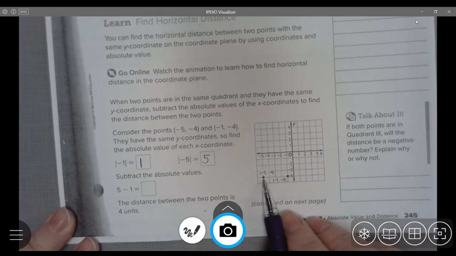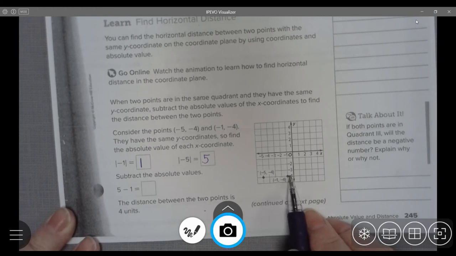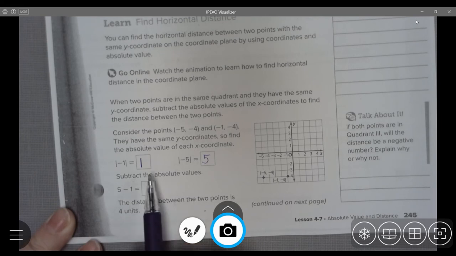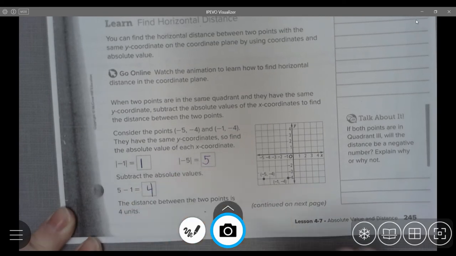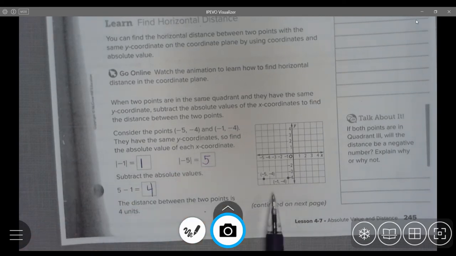The absolute value of -5 is 5 because it's 5 units away from 0. Then we take those two absolute values and subtract them. 5 minus 1, and we have a distance of 4 units between the 2 points.